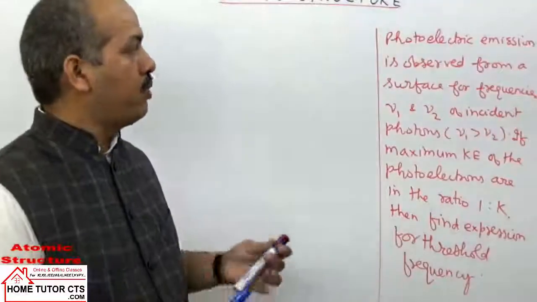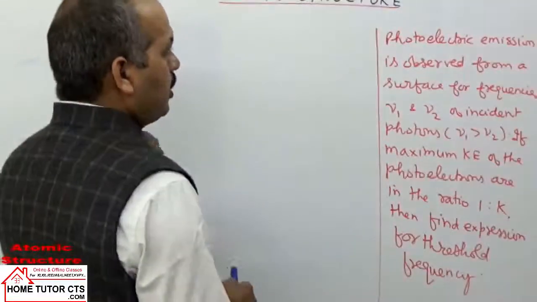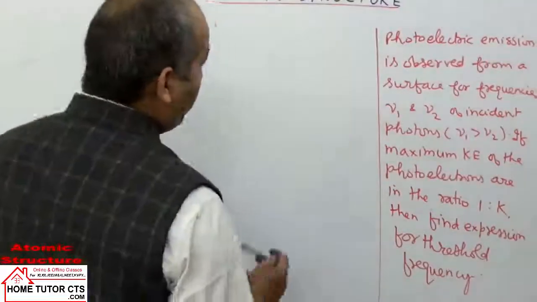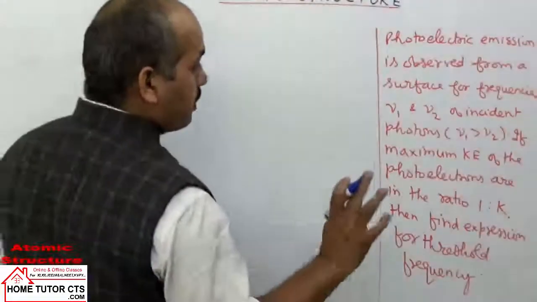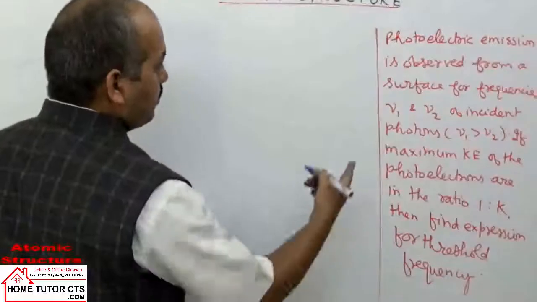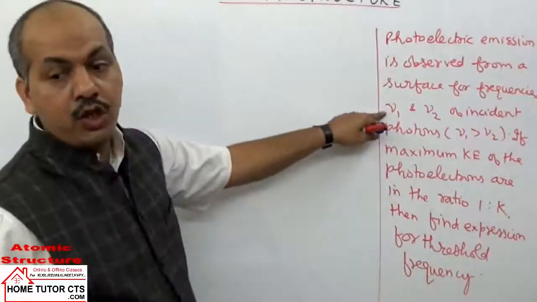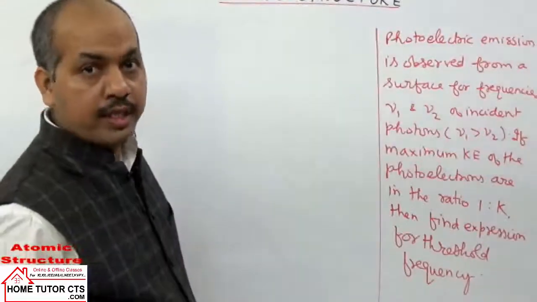Now let's come to the solution part of this question. To solve this question, we can use the photoelectric effect expression for the same metal. Nu naught is the same. What is variable here? Kinetic energy and the frequency of the incident photons are variable.